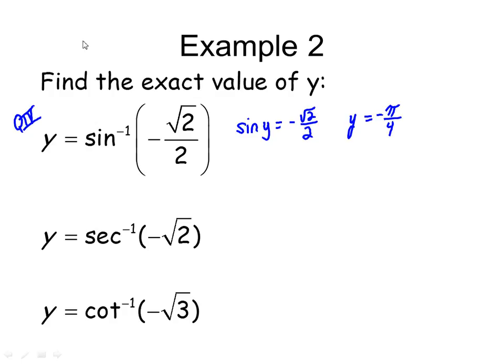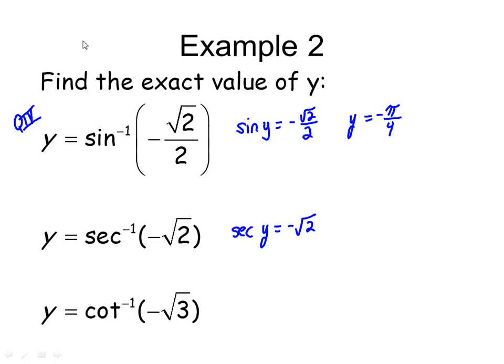Alright, let's look at secant. We're saying secant of what is equal to negative square root of 2. Secant inverse is what quadrant? 1 and 2.